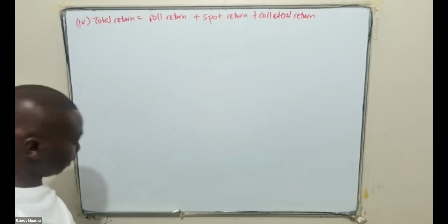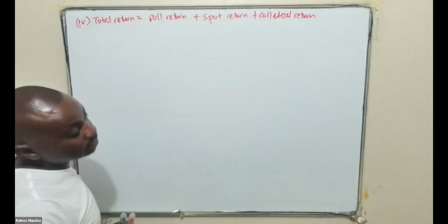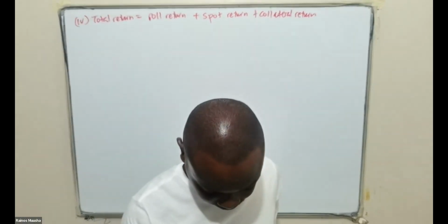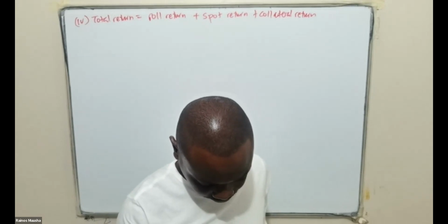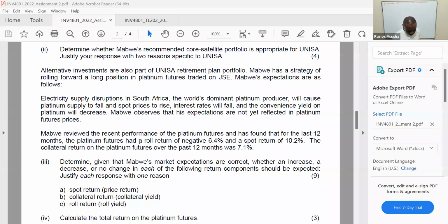Now on the question, they told us that the raw return is negative, isn't it? If you check on the question, they told us that the raw return is a negative 6.4, the spot return is 10.2, and the collateral return is 7.1.